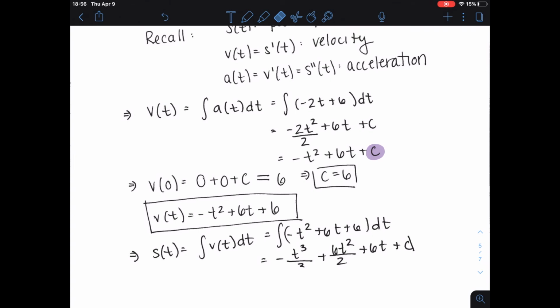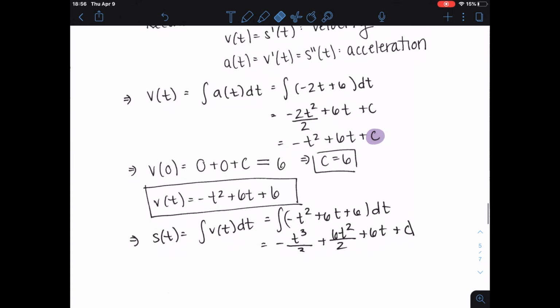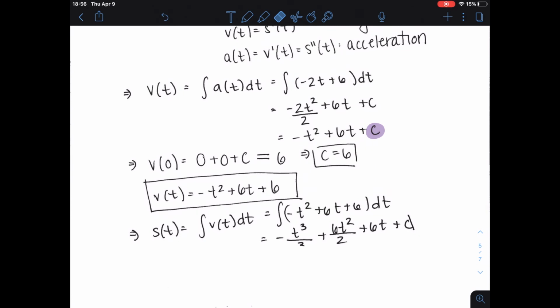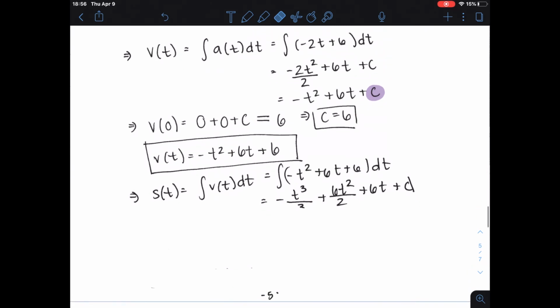The antiderivative of negative t squared is negative t cubed over 3. 6t is 6t squared over 2. 6 is 6t. And then you get another arbitrary constant. I'm going to call this one d, just to not confuse it with the c we found before, but if you use a plus c, that's not a big deal. And then you can do a tiny bit of cleaning up: 6 over 2 is just 3.